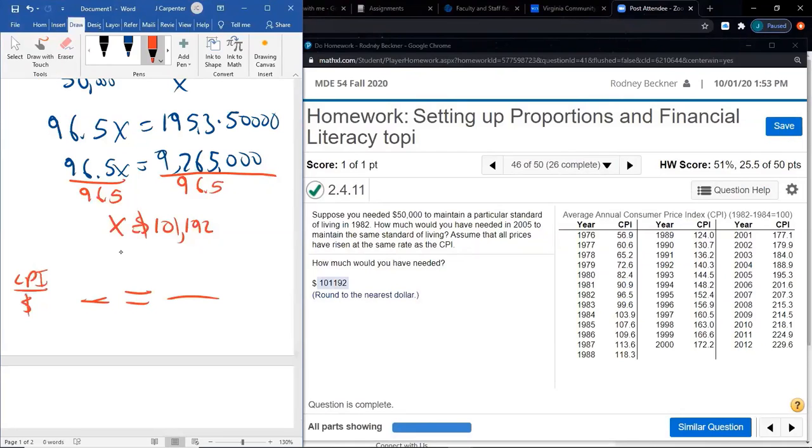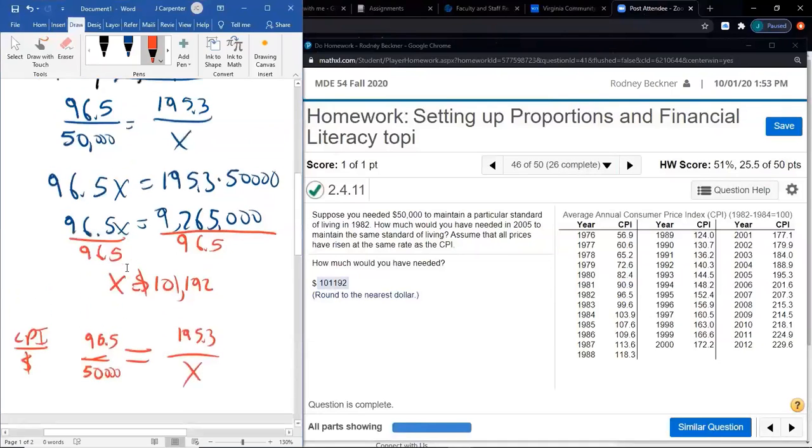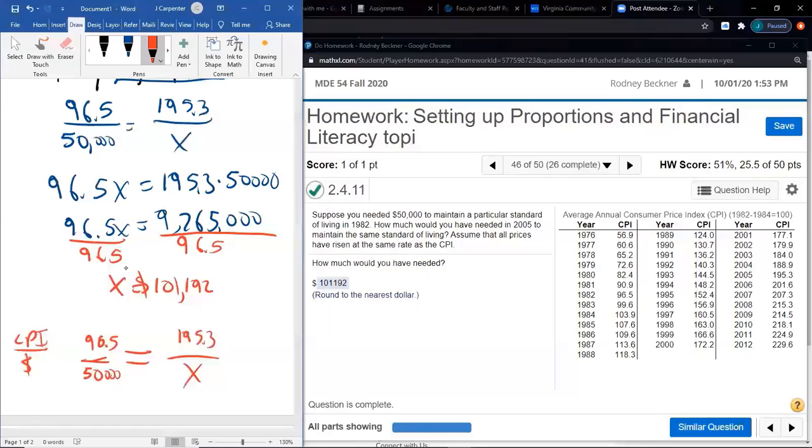So the left one, I'll do the 82, which the CPI was 96.5, and then over its dollar amount, which was the 50,000, and then equals the CPI from 2005 was the 195.3, and then over, we don't know, X. That's pretty much the exact same proportion, actually it is literally the same proportion that we made. It doesn't have to look exactly the same at this point, but after you cross multiply, you'd be good.